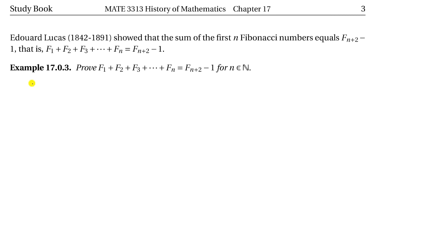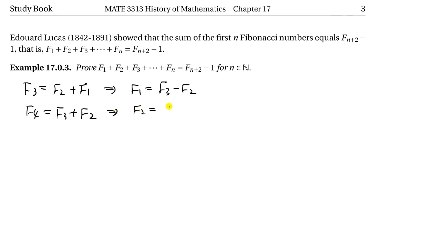Okay, so let me start this way. Because F3 equals F2 plus F1, F1 is F3 minus F2. And F4 is F3 plus F2, which means F2 is F4 minus F3. So we just keep doing it.